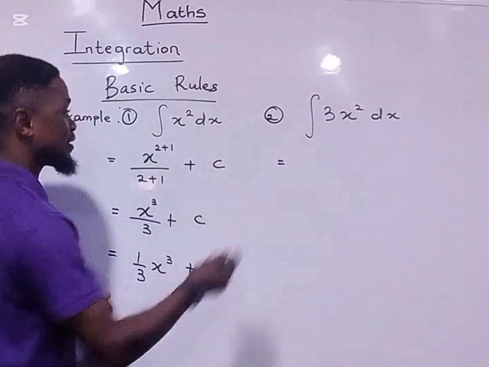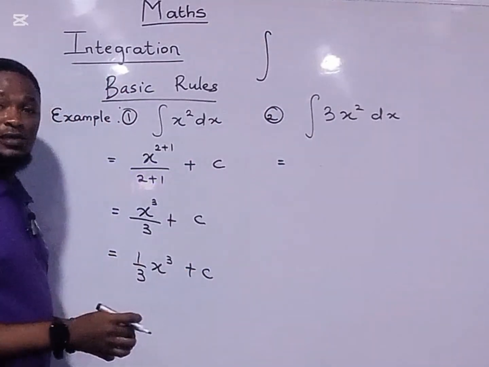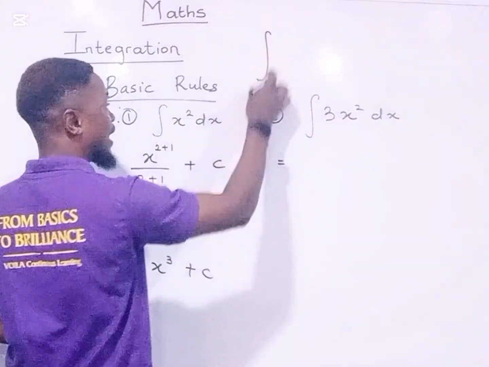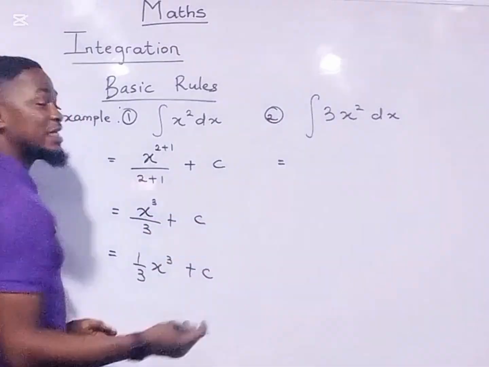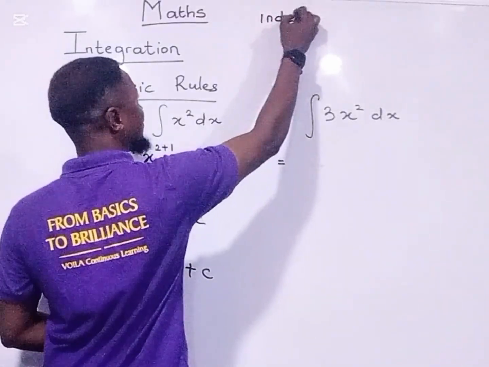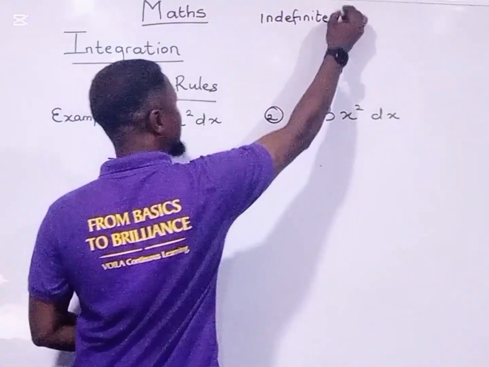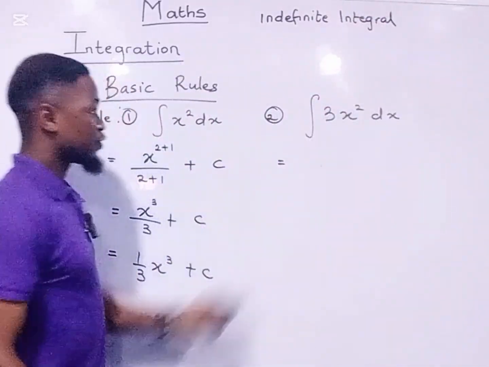If you see this kind of integral, where they just give you the integral like this, there is nothing, I didn't write any numbers here, so there is no limit. So it's called an indefinite integral.